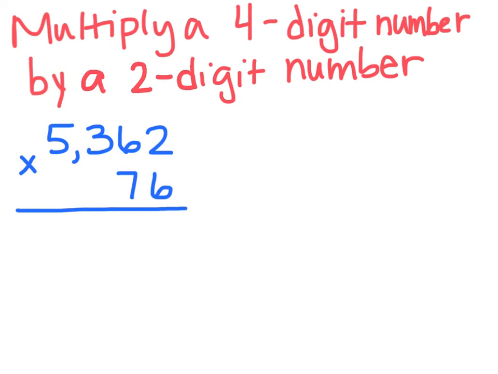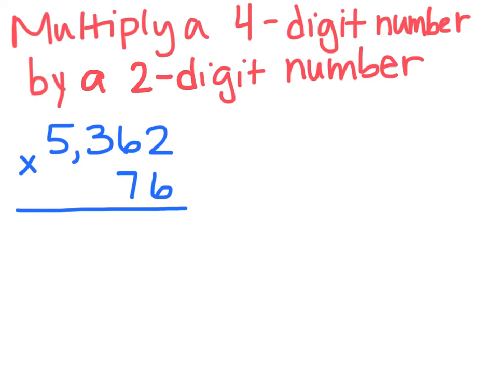Do notice that once again, as always, our larger number goes on top, and we make sure that all of our places are lined up so that our ones are lined up with ones and our tens lined up with tens. If we had hundreds here or thousands here, we need to ensure that they were lined up properly as well. So let's move on and go through the steps of this problem.